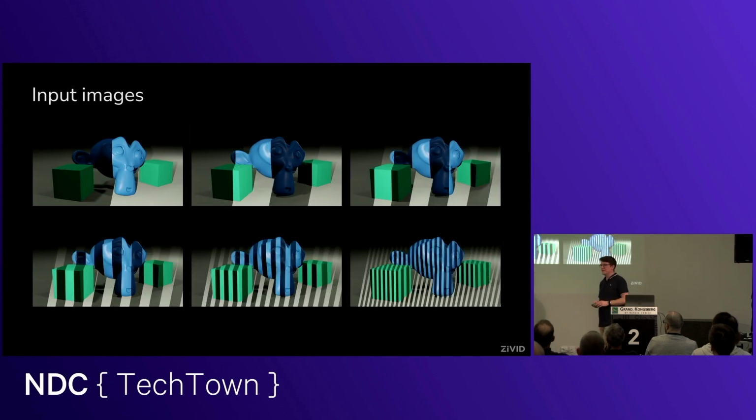The input images look like this. Again, vertical patterns. And the concept here is pretty simple. We divide the scene into areas that have light coming from the projector, either on or off. And in the different images, we slice this light into more and more pieces. So in the first image, we're lighting half the projector.